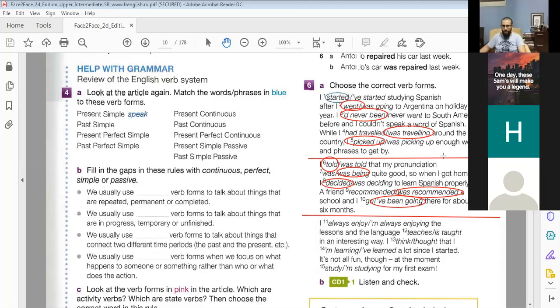Okay, before we discuss them, let's do the third one. So Samira, you can do the third one. I always enjoy, I'm always enjoying, no. I always enjoy the lessons and the language. The language is taught in an interesting way.